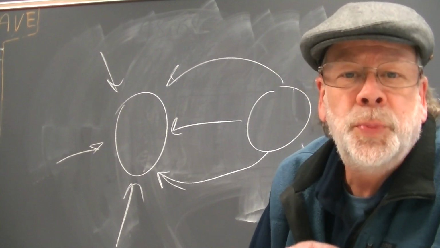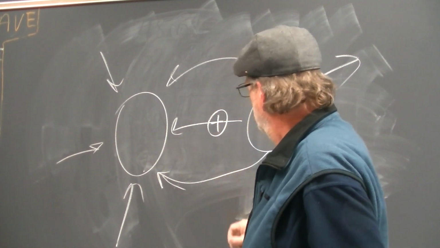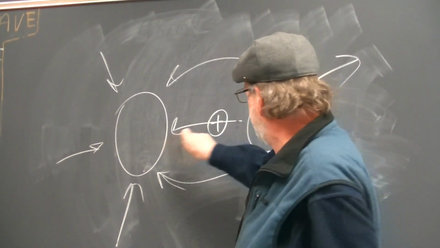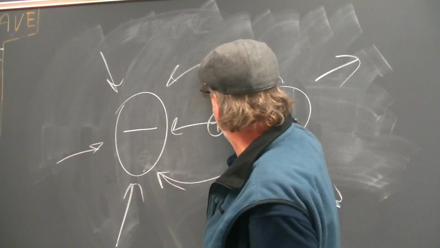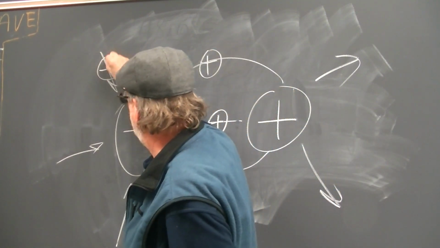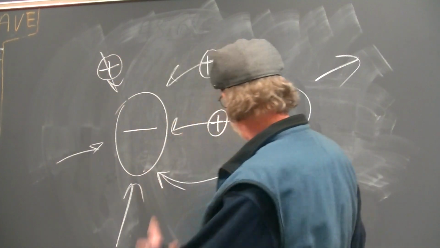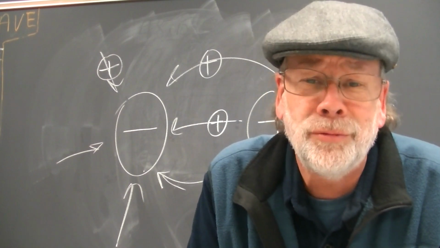Very simple. Just put a positive test charge right in the middle. Well, if the positive is being attracted to that and repulsed by that, that makes this positive and that negative. Check your work. Does that work? Sure it does. Positive test charge there. Sure it does. Everywhere. So all you do is put a positive test charge. You can figure that right out.